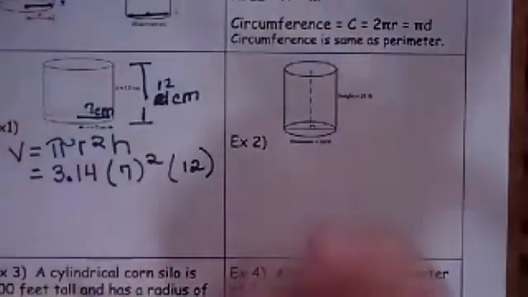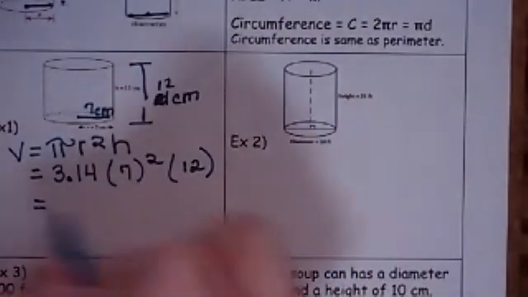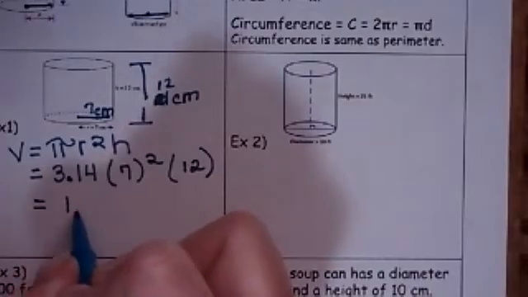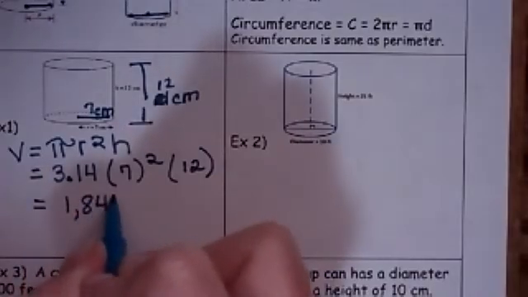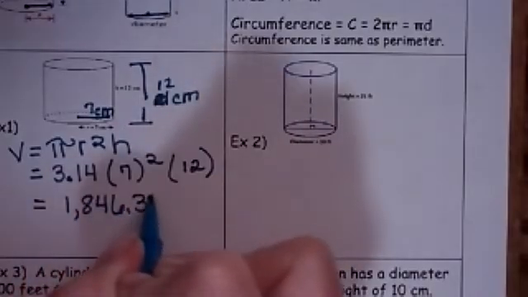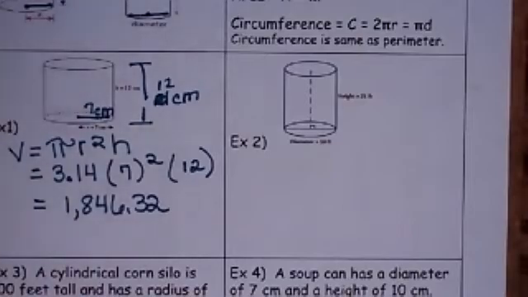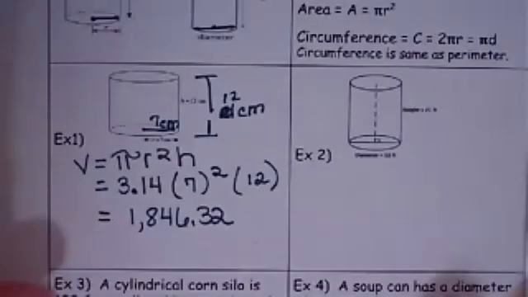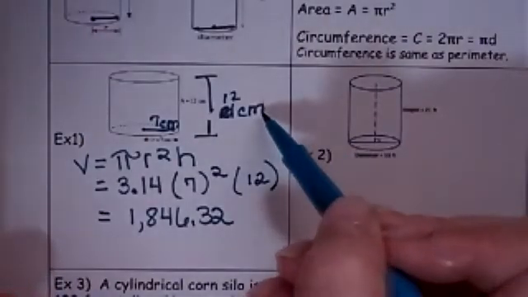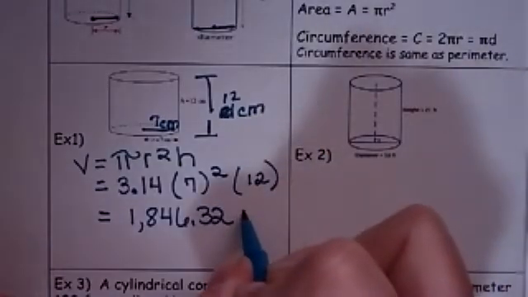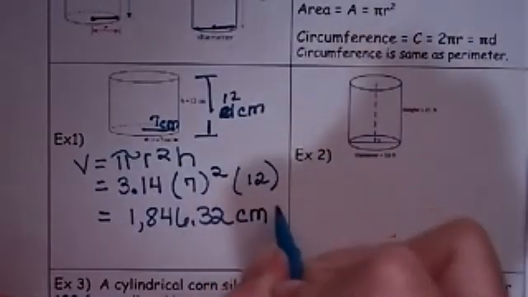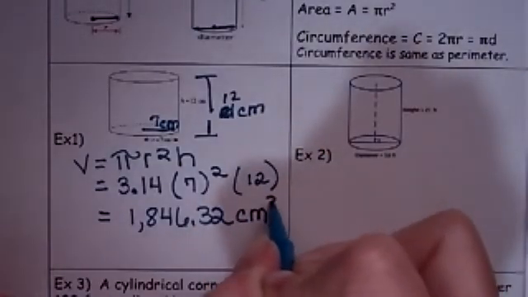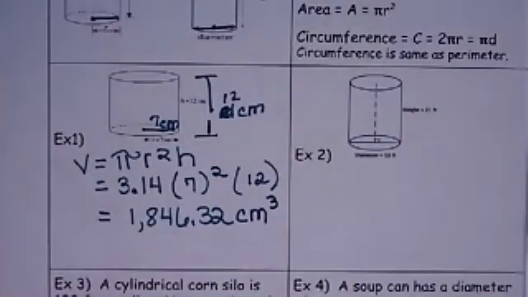So I'm just going to come right here and type in 1,846.32. Now that's the volume, but I need a unit of measurement. And since my original unit of measurement is centimeters, volume unit is cubic units. So I'm going to write centimeters cubed.